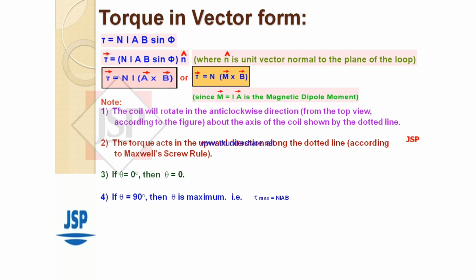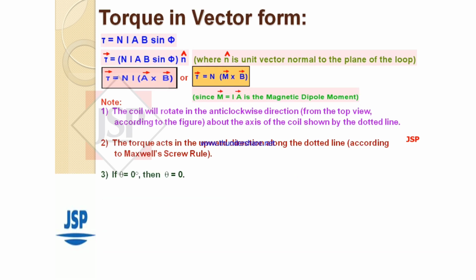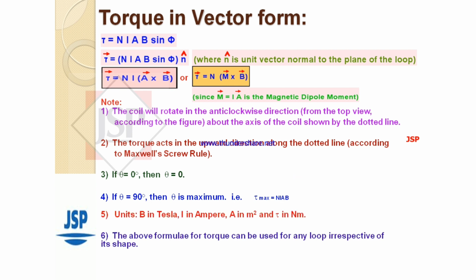Note, the coil rotates in the anticlockwise direction from the top view according to the figure about the axis of the coil as shown by the dotted line. Second point, torque acts in the upward direction along the dotted line according to Maxwell's screw rule.